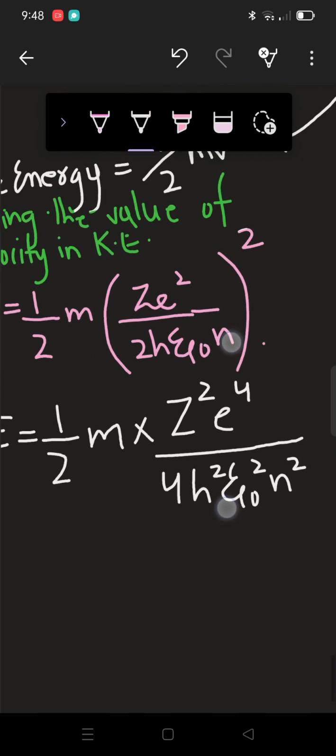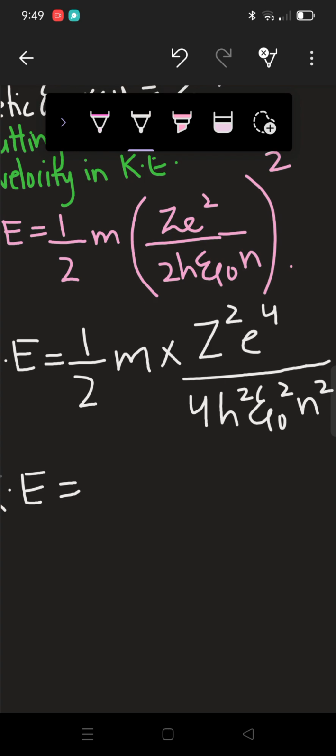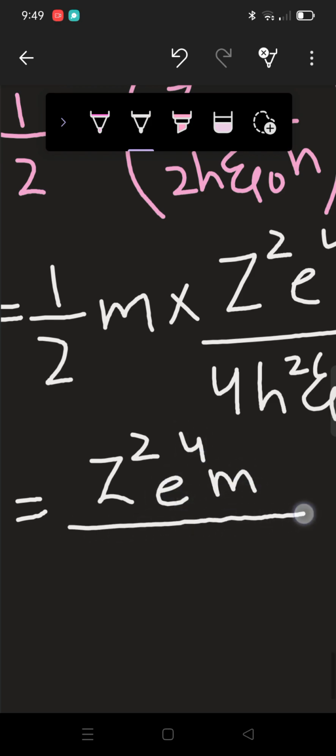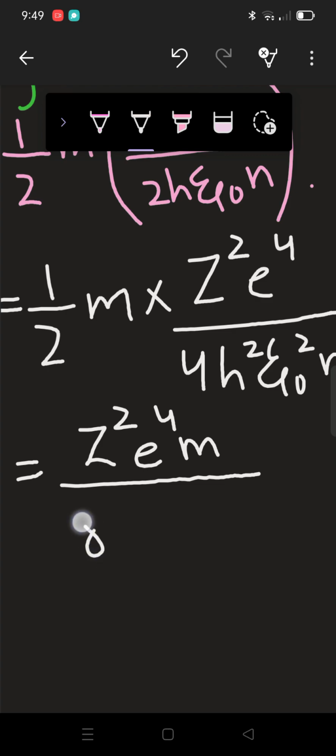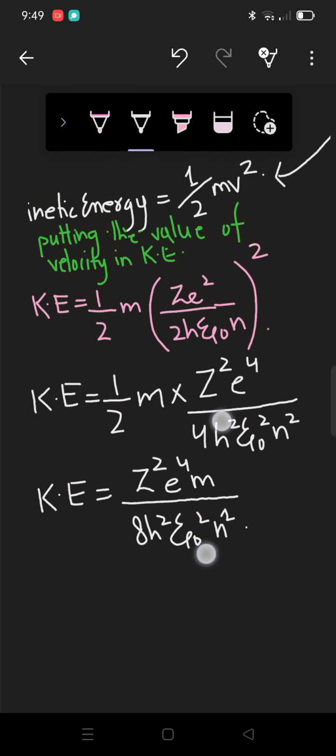So Ke is equal to, now let's multiply this, up we'll have z square e power 4 m, down 2 into 4 is 8, h square epsilon naught square n square. Now the same trick we need to follow.